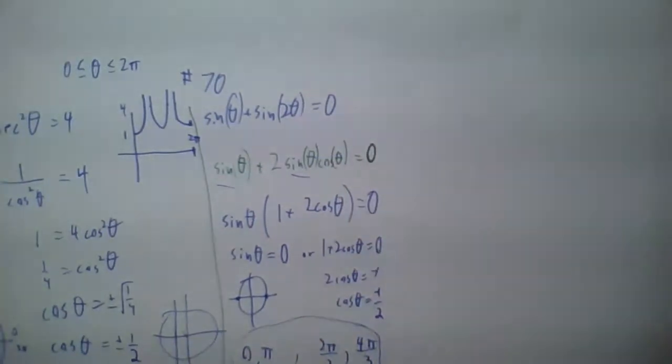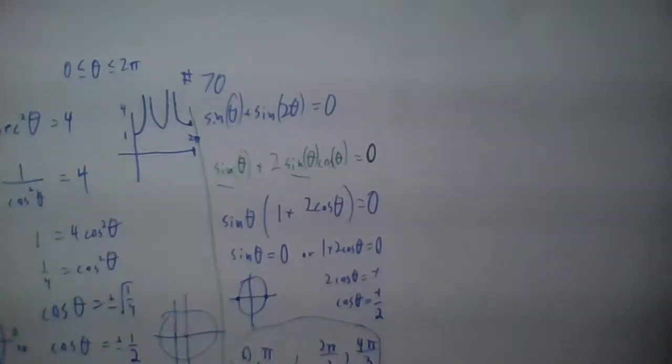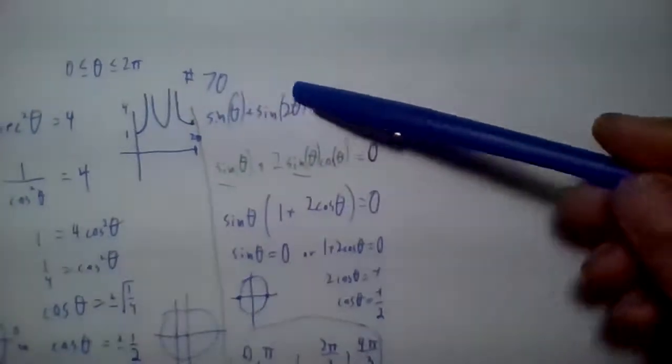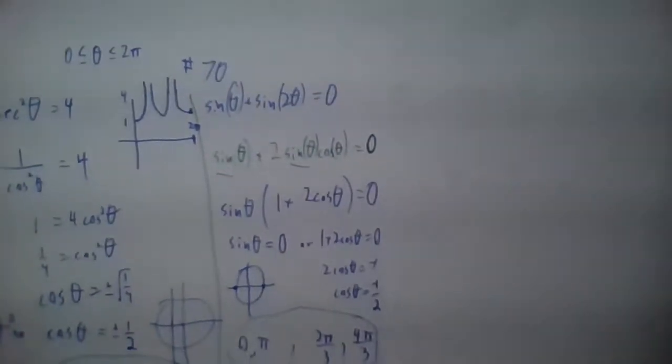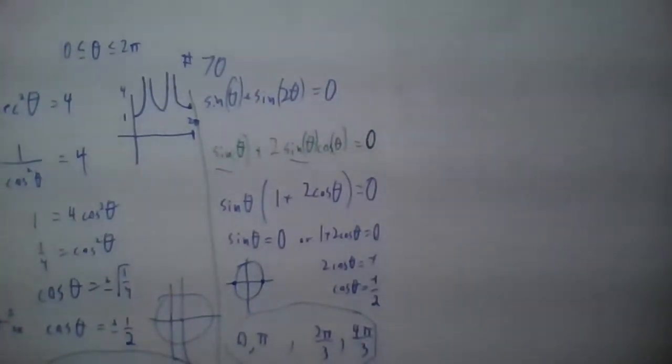You can plug stuff in and make sure it works in an equation. Graph of something like that would be a little crazy, so I don't want to think about the graph really there with the 2 different inputs. But those are all solutions to that between 0 and 2 pi.